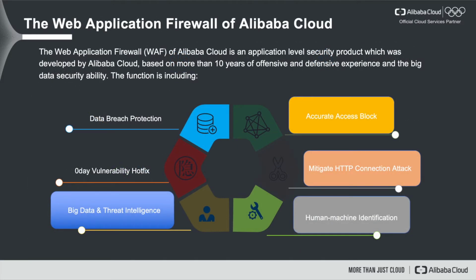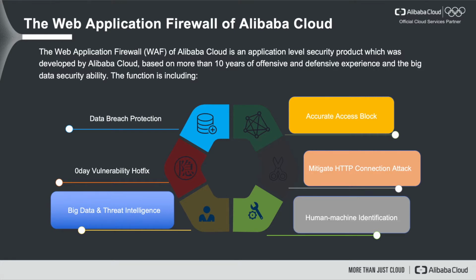Alibaba Cloud products are not only available for the customers. We use them as well. We protect our websites, for example, during the Singles Day, Double 11, where millions and millions of customers buy the products. Our products were developed by Alibaba Cloud based on more than 10 years of offensive and defensive experience and a big data security ability.